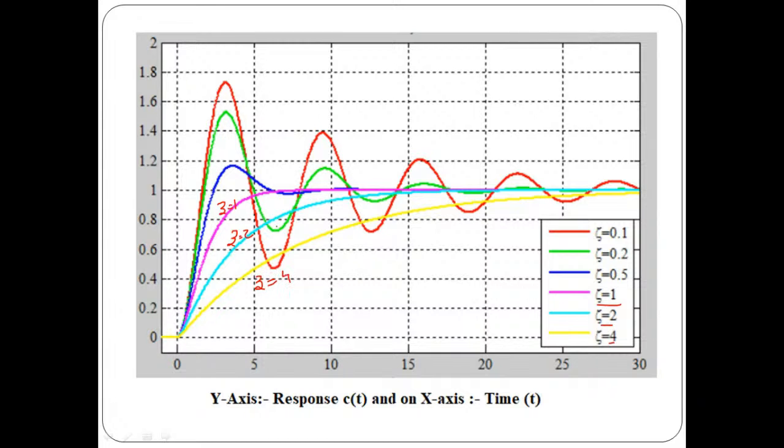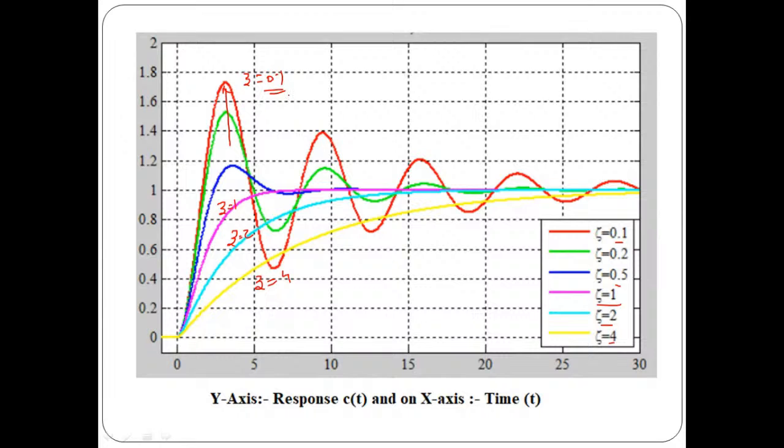More sluggish response. The response will take much time to reach its desired value. And the moment you reduce the value of zeta less than 1, 0.5, see, oscillations come into the picture. If you put zeta as 0.1, the highest possible oscillation you will get. This is for zeta equals to 0.1. That is important.